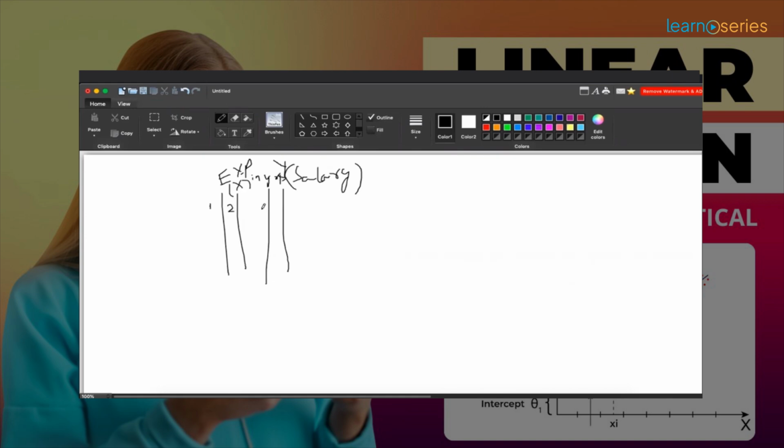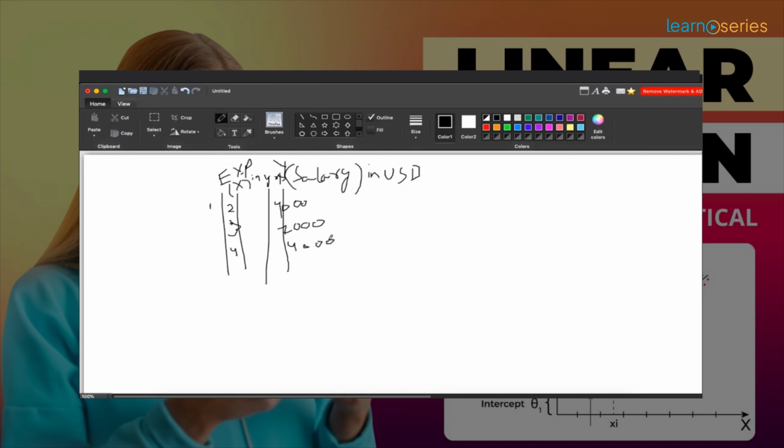For the first person, 2 years of experience, the salary is around 4,000. This is in USD, US dollars. Okay, 2 years of experience, 4,000. 3 years of experience, 7,000. Somewhere there is another with 4 years of experience, but this person is getting low, around 4,000.